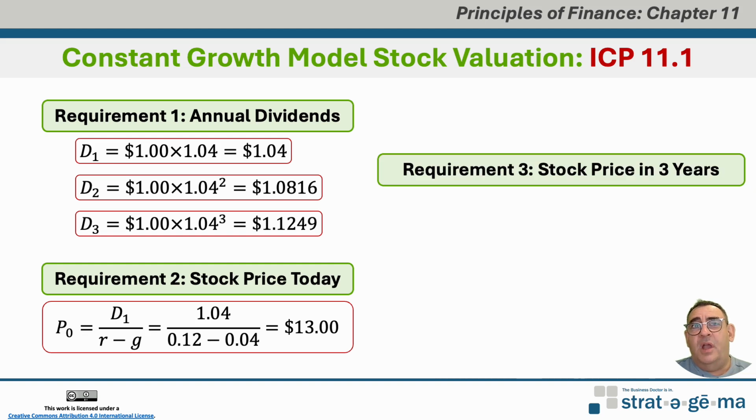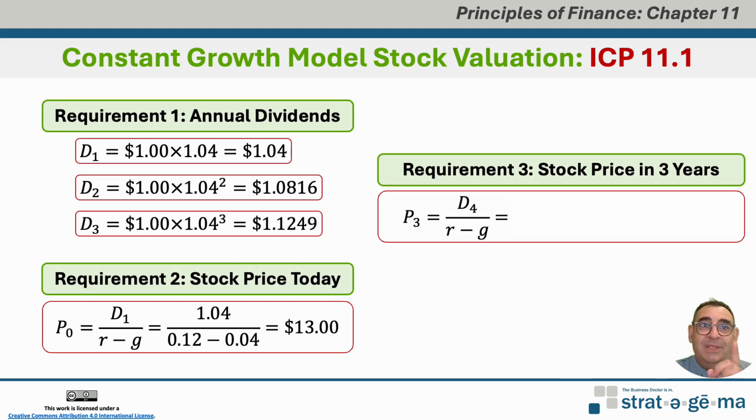If I want to know what the stock price is 3 years from now, we modify that constant growth model. If we want to know what the stock price is today, that's P0. If we want to know what the stock price is in 3 years, that's P3. So if P0 is equal to D1 divided by R minus G, then P3 must be equal to D4 divided by R minus G. We don't know what D4 is, but we can calculate it because we know what D3 is.